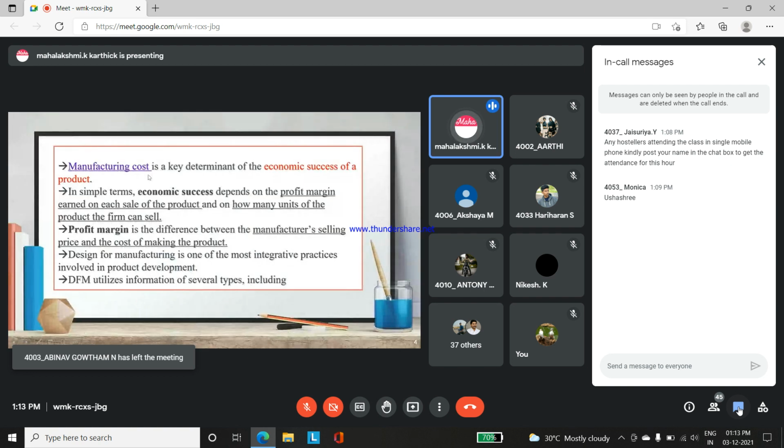So, manufacturing cost, you have to understand, acts as a key determinant of the economic success of a product. Why is manufacturing cost a key determinant? As you all know, it is categorized into three types: direct material cost, direct labor cost, and manufacturing overhead cost.